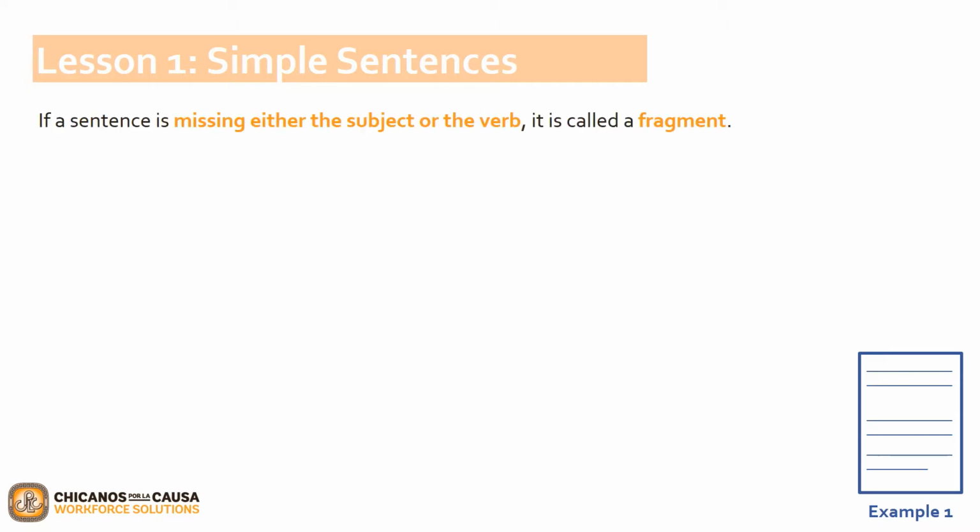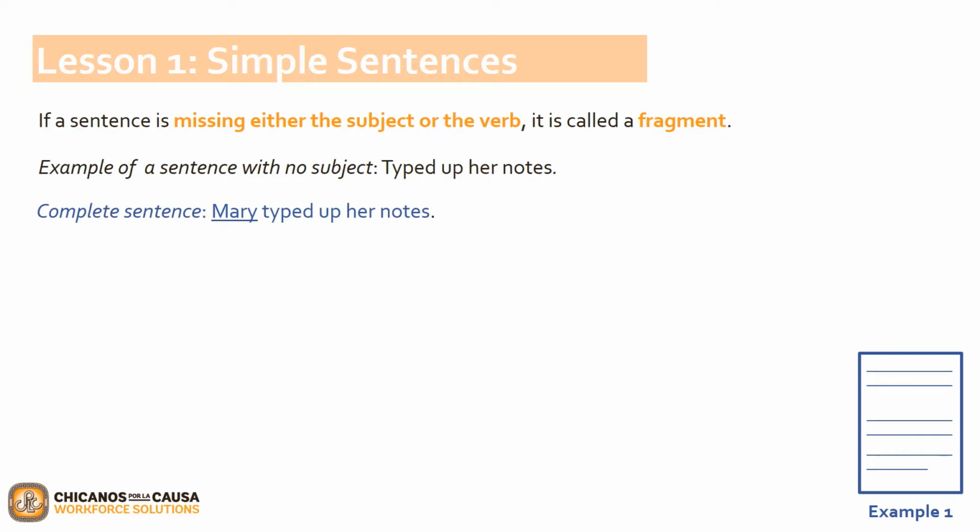If a sentence is missing either the subject or the verb, it is called a fragment. A fragment is an incomplete sentence. An example of a sentence with no subject would be, typed up her notes. An example of a complete sentence would be, Mary typed up her notes, Mary being the subject.